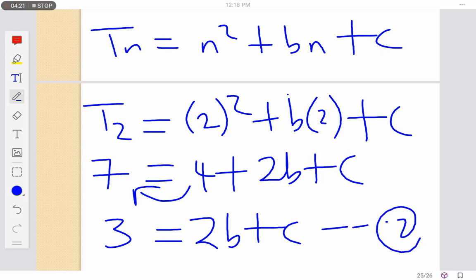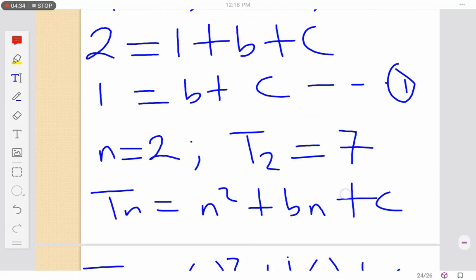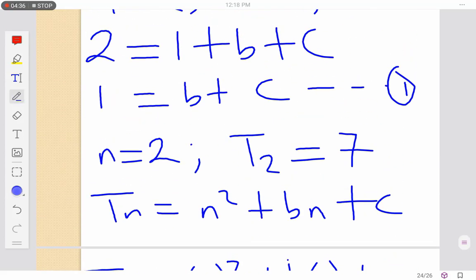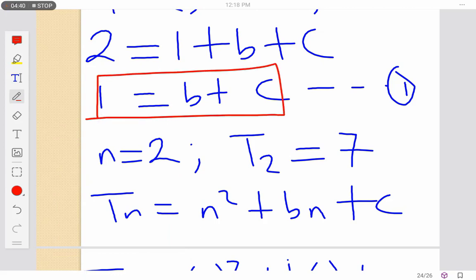So now we have got two equations. We can solve this one by substitution. Let's have a look at our equation number 1. Equation number 1 was this one. For example, I can have b is equal to 1 minus c.